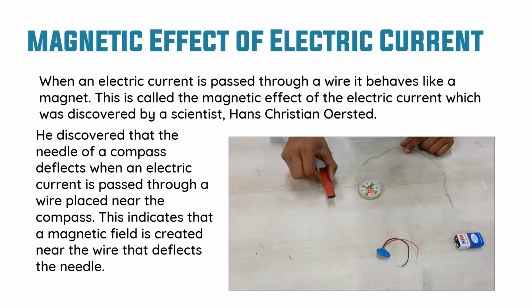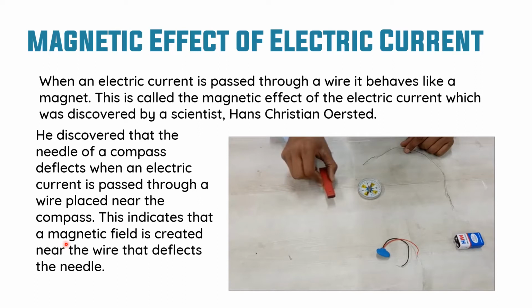So when we keep this compass near the wire, we can see some deflection or some movement of this needle, because electricity passes through the wire. So the wire acts as a magnet, and this magnet attracts or repels this magnet. So that is why this needle shows some deflection.